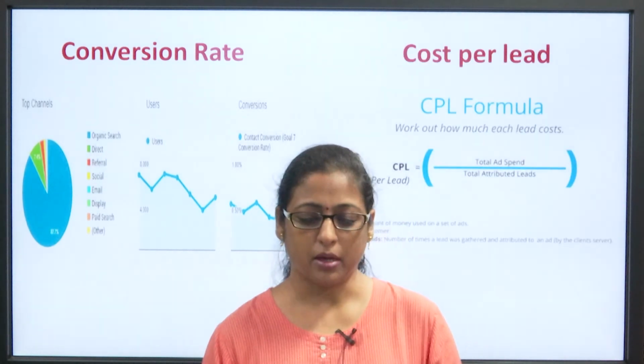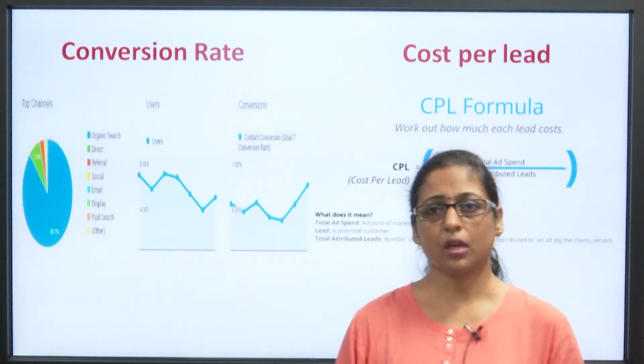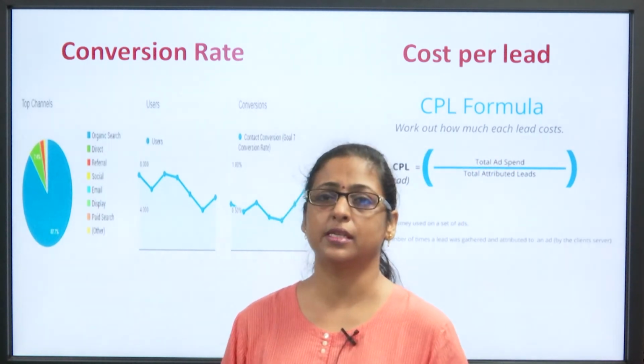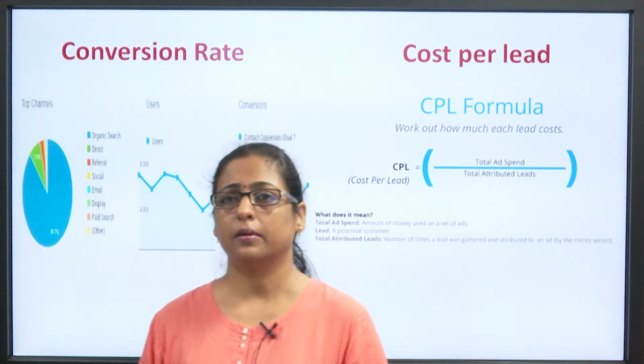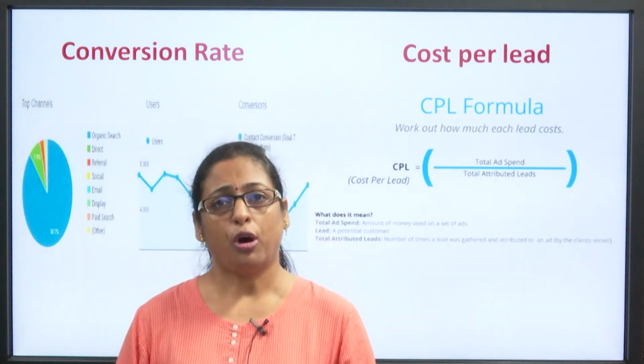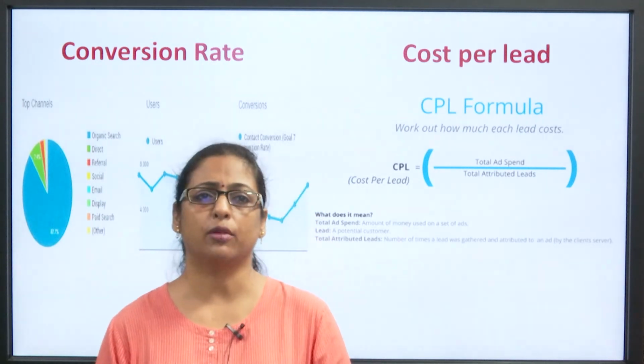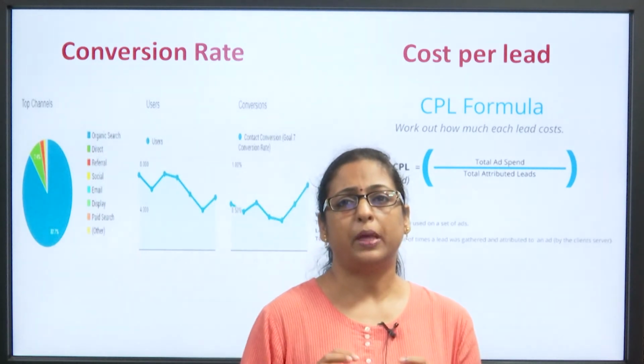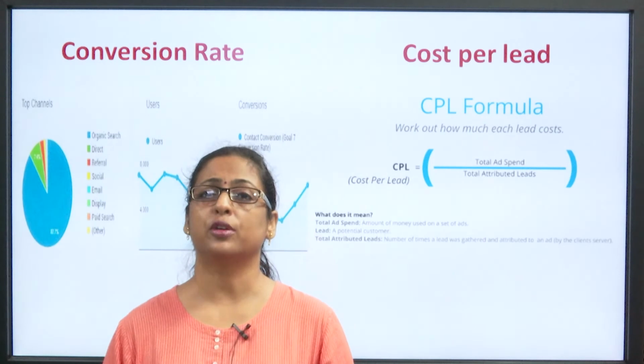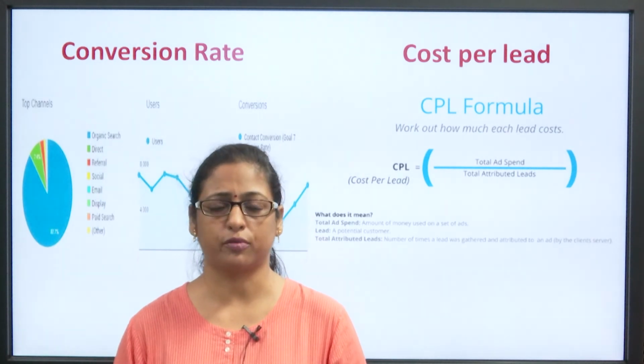The second method is cost per lead. Cost per lead is basically about the warm lead that I am getting, and a warm lead is a person who is interested in purchasing the product or service of the company.